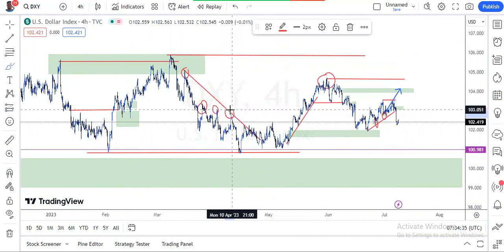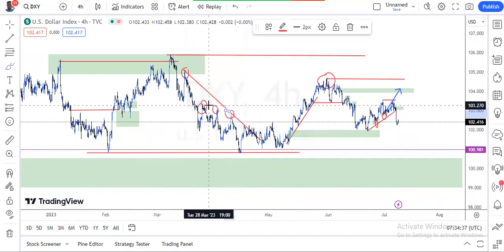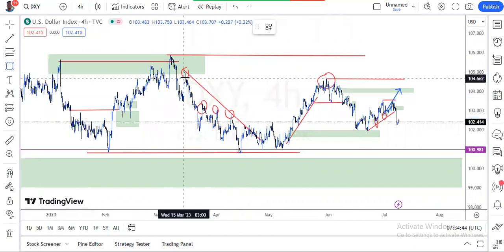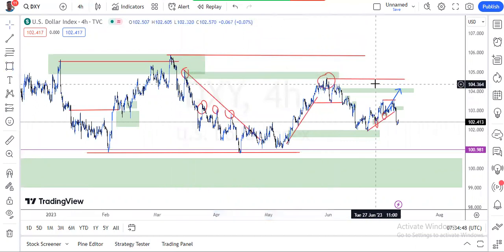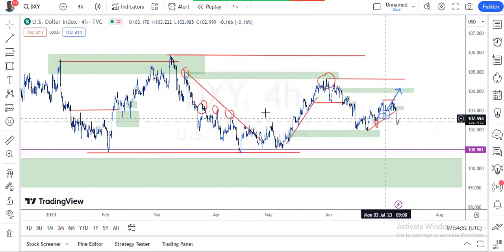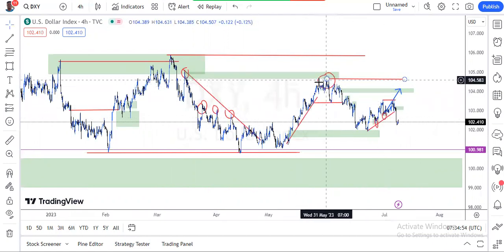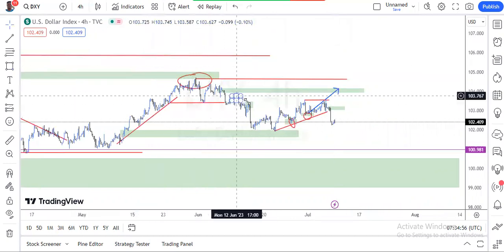All this liquidity was successfully grabbed, and remember I would always say that when price grabs liquidity, it looks for a demand zone, it picks an institutional candle, and it goes down. The same thing happened here.